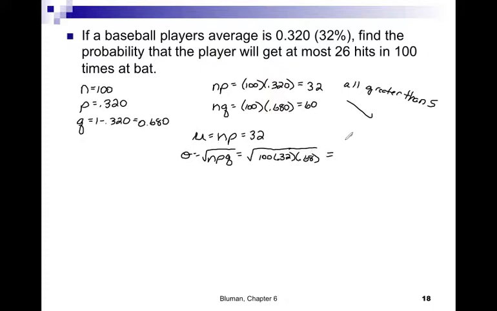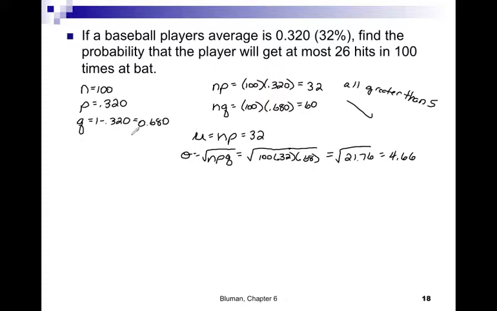And that comes out to be the square root of 21.76, which is 4.66. So now we've got our mu and our sigma that we can use for calculating our x.